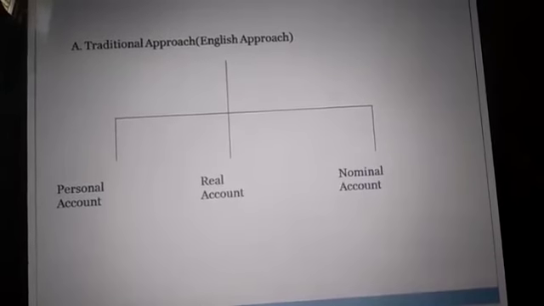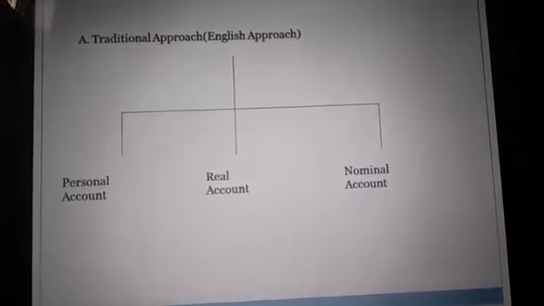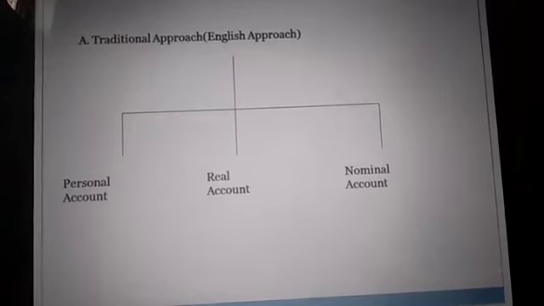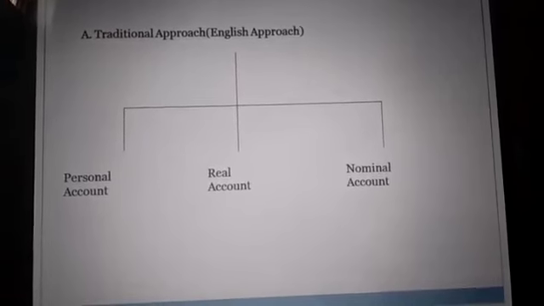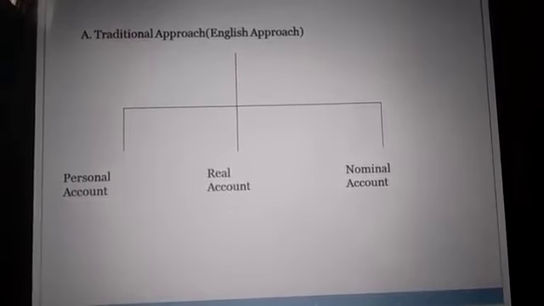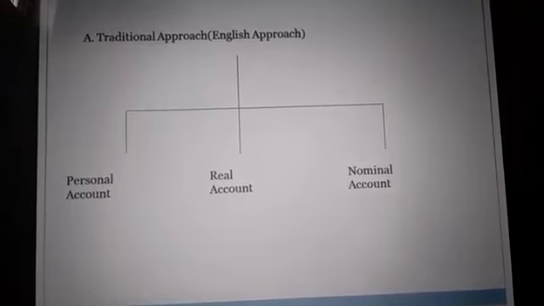Now, before saying thank you, before ending this lecture, I want to summarize this lecture in a few minutes. So what we have discussed in this lecture is the traditional approach, that is personal, real and nominal account.